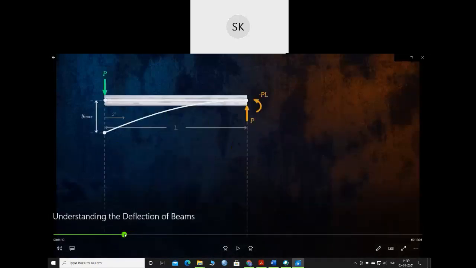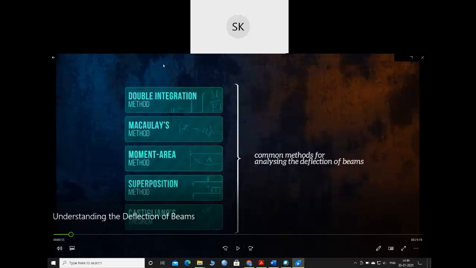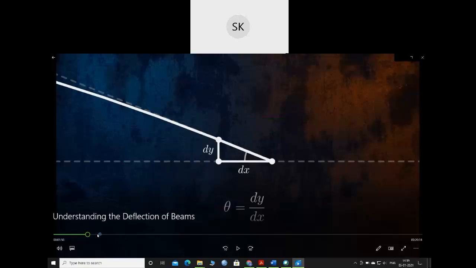Basically, these are the methods to find the deflection: double integration, Macaulay, moment area, superposition, and Castigliano's theorem. So these are the various methods.